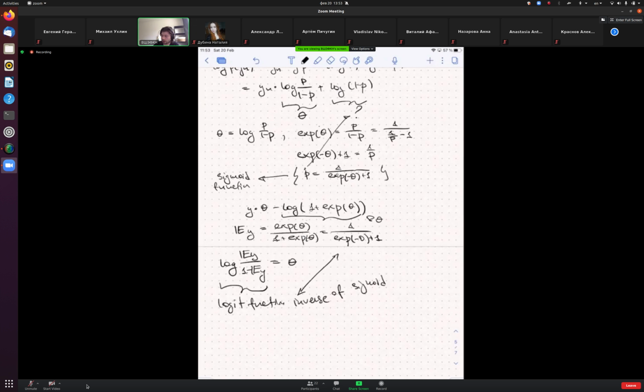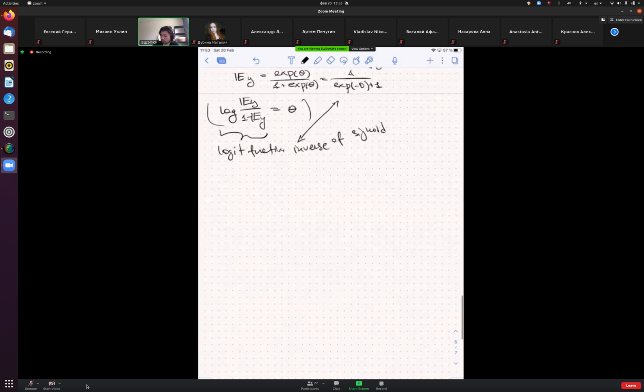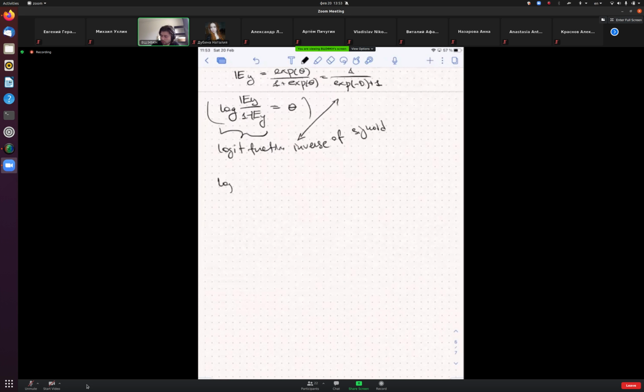As far as we write this, we are done. We say okay, so we would model this logit again as a linear function. So then we could again write the MLE problem.